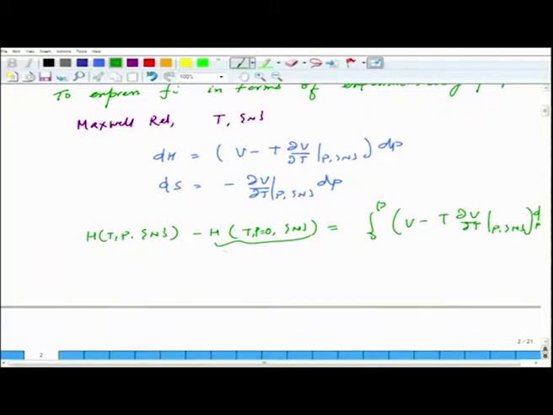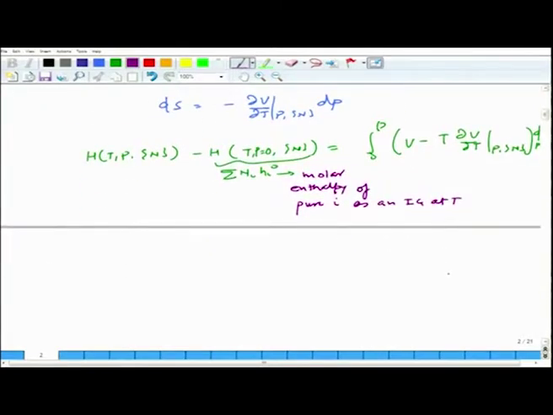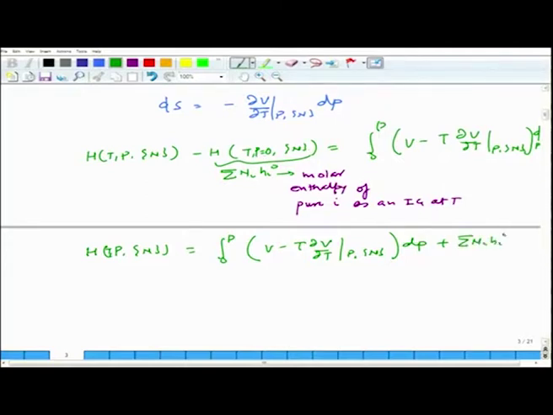So we can write this expression as the summation of Ni Hi 0, where this is the molar enthalpy of pure i as an ideal gas at temperature T. We can rewrite this expression, take this term to the right hand side, and this is the expression of enthalpy at temperature T, P with the mole compositions here.